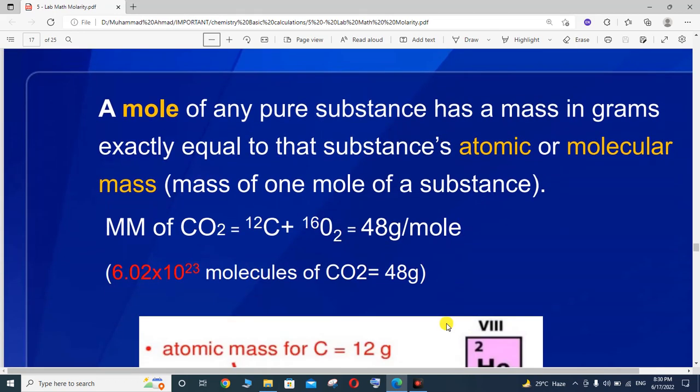And in other words, a mole of any pure substance has a mass in grams exactly equal to the substance's atomic or molecular mass. So the mass of 1 mole of a substance.